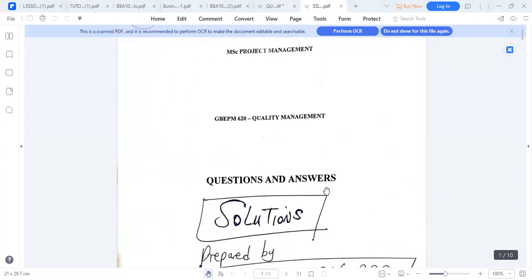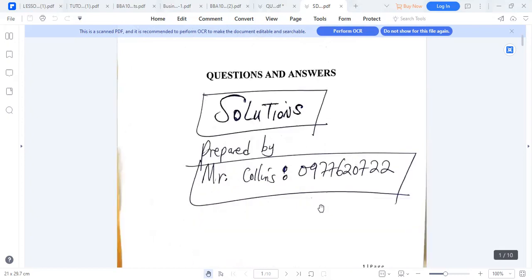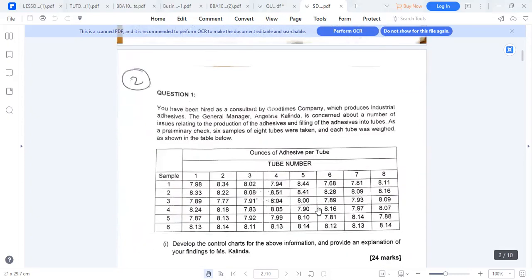This one is just about quality control, quality management, GBE PM 620. Now, question 1 says you have been hired as a consultant by Good Times Company, which produces industrial adhesives. The general manager, Angelina Kalinda, is concerned about the number of issues relating to the production of the adhesives and the filling of the adhesives into tubes.